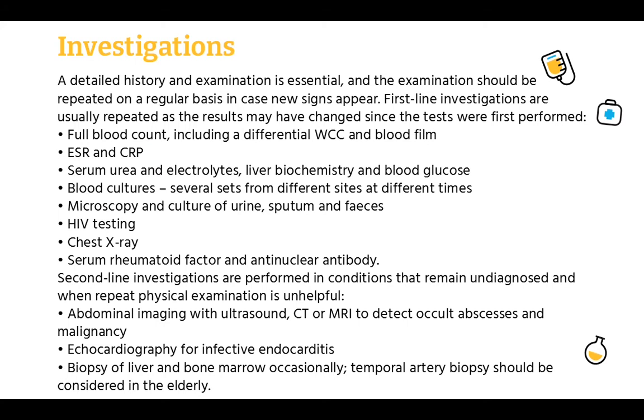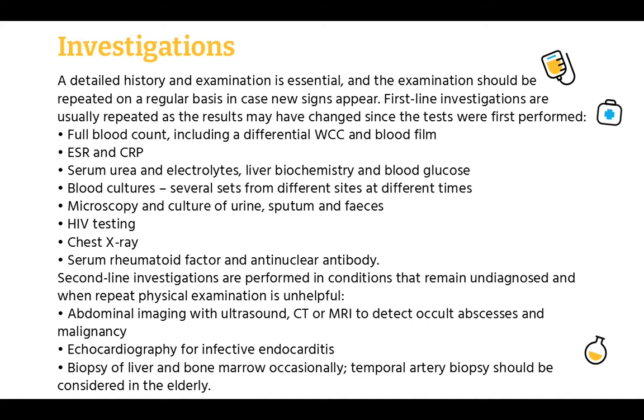Investigations. A detailed history and examination are essential, and the examination should be repeated on a regular basis in case new signs appear. First-line investigations are usually repeated as the results may have changed since the tests were first performed.